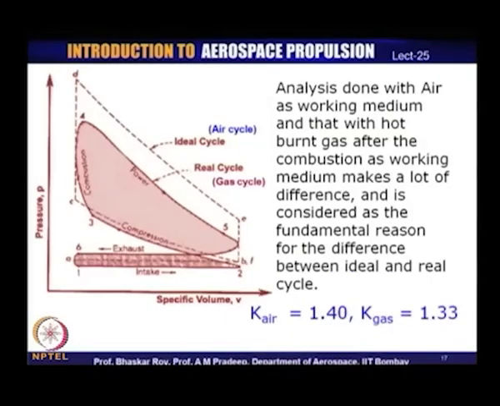The other thing that we need to keep in mind is, we have talked about ideal cycle and real cycle. One of the main differences between the ideal cycle and the real cycle is that the ideal cycle is operating on an air cycle, whereas the real cycle is operating on a gas cycle. Inside the cylinder, fuel has been burned, gas has been created, and in the actual operation of the cycle, especially from point 4 to point 5 and through the exhaust, it is not air, it is gas, a combination of air and burned fuel.